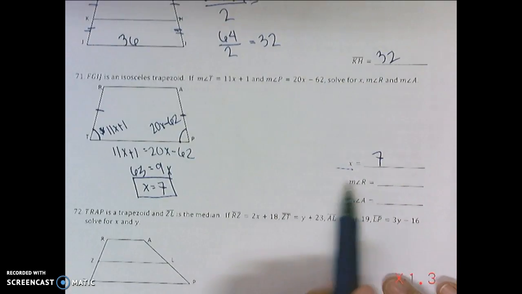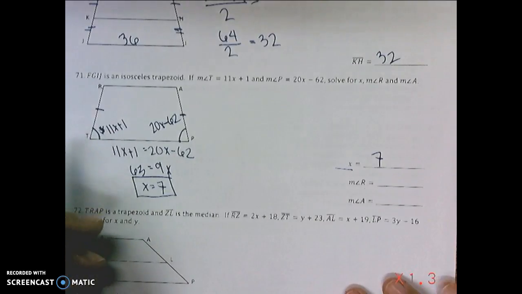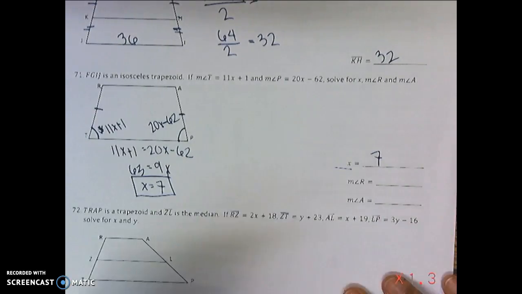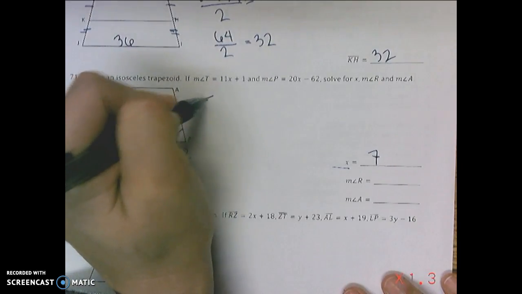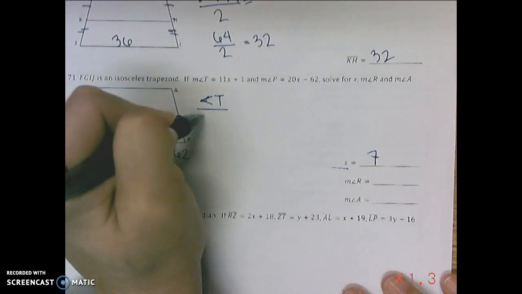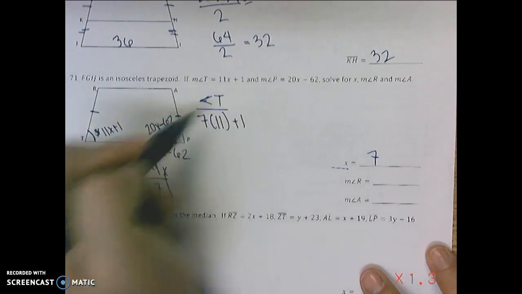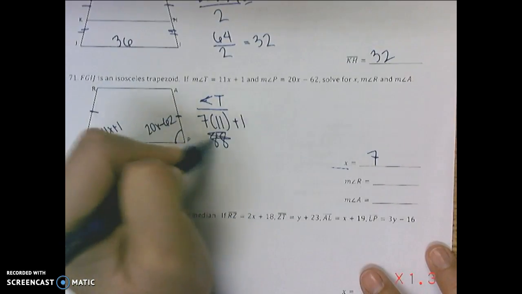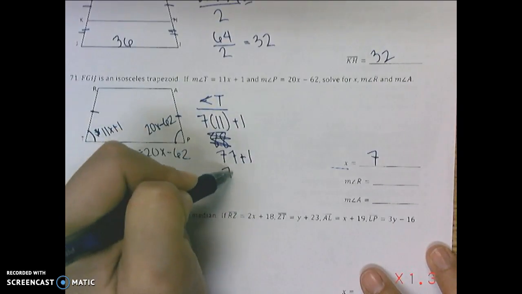It wants me to solve for r and a. All right, I'm going to go ahead and solve for t. Go ahead and plug it into angle T. So here's angle T, 7 times 11 plus 1. That would be 77 plus 1, which would be 78.